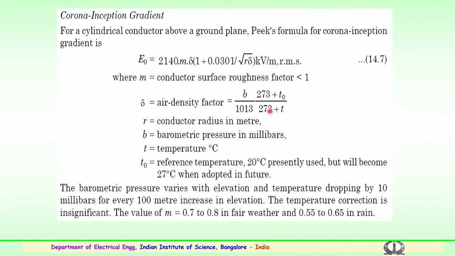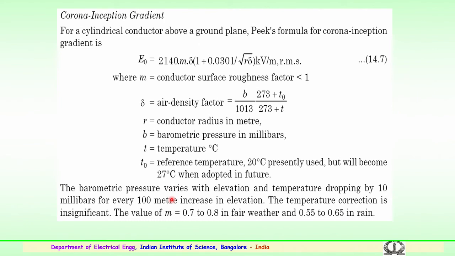plus T0 divided by 1013 (273 plus T), where it is very clearly defined: R is the conductor radius in meters, b is the pressure in millibars, T is the temperature in degrees centigrade, and T naught is the reference temperature.